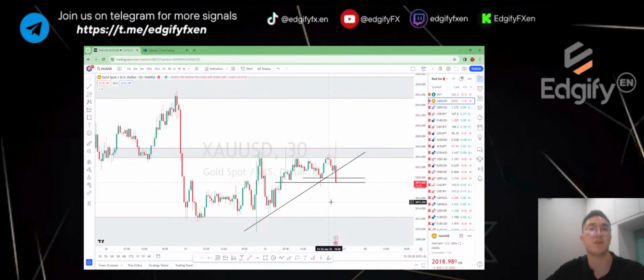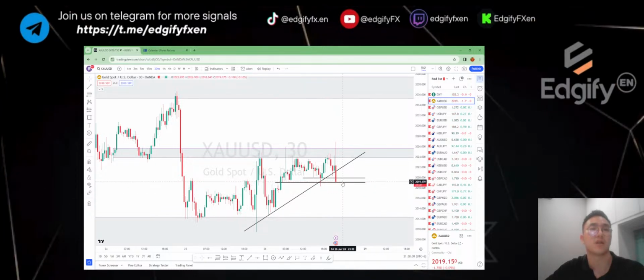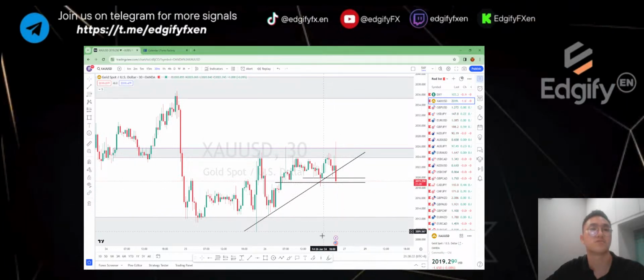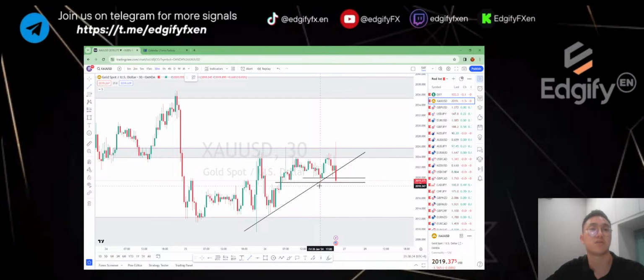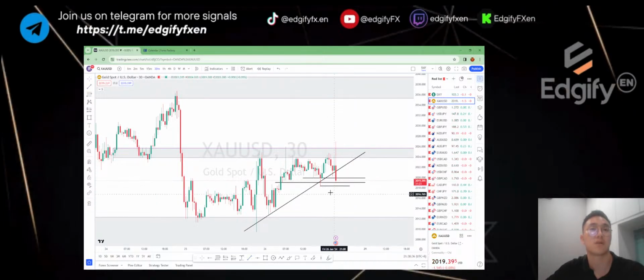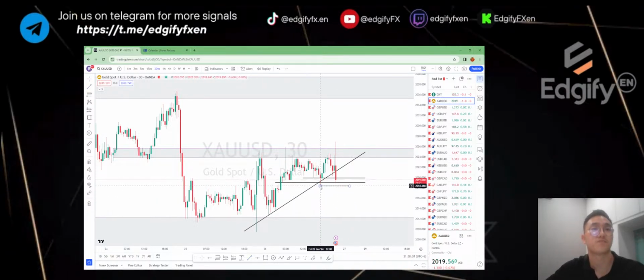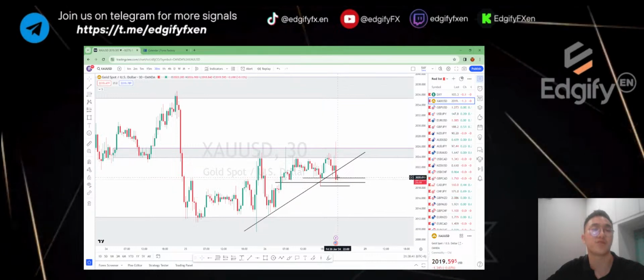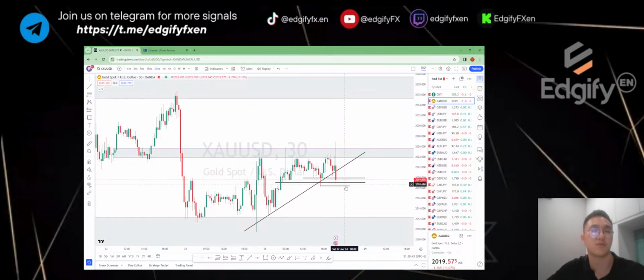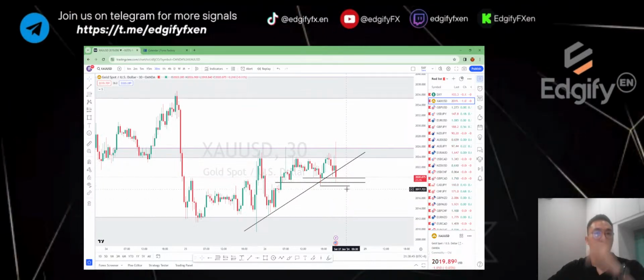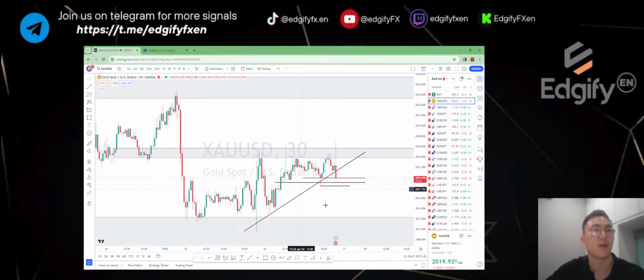So if the price actually breaks below the 30-minute, including these two lows here, eventually also taking out this one as well, then I will wait for a retrace, a retest, or you can call it. Then I will start to sell this pair.